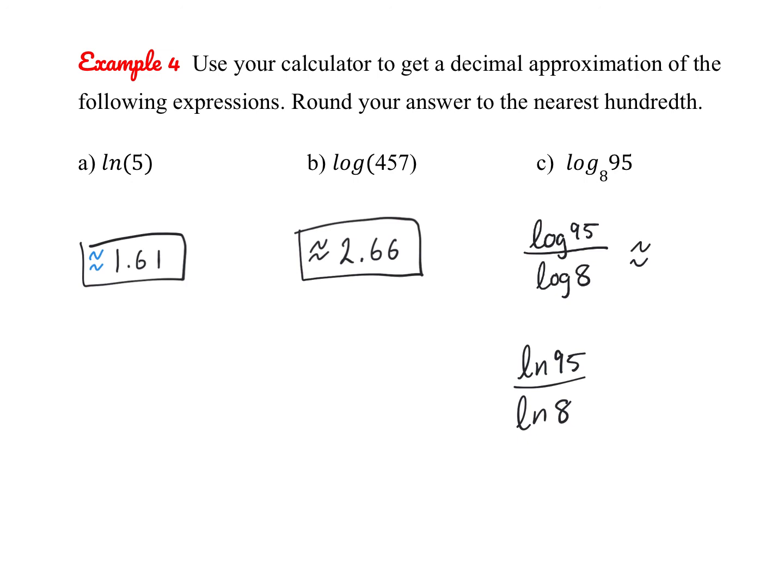You should get approximately 2.19. And if you do that same thing with the natural log, you should get that same exact decimal approximation as your answer, 2.19. So again, whether you're rewriting it to have a common log or a natural log, it's up to you. The only purpose really of this change of base formula that we will be using it for is to take something like this and to get a decimal approximation with our calculator.